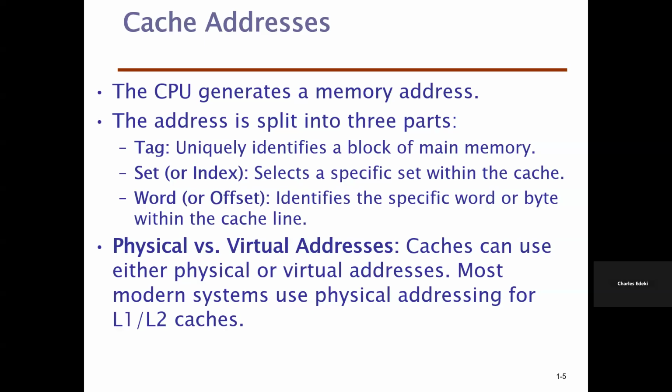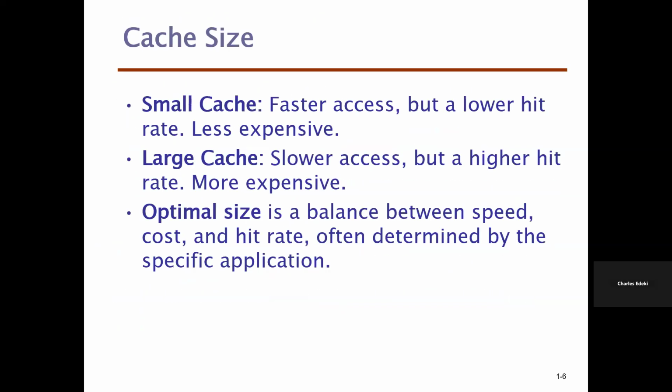So again, the tag will uniquely identify a memory block. And as we said, a set or index normally will point to a specific cache set or line. Okay, if no question, let's keep going.